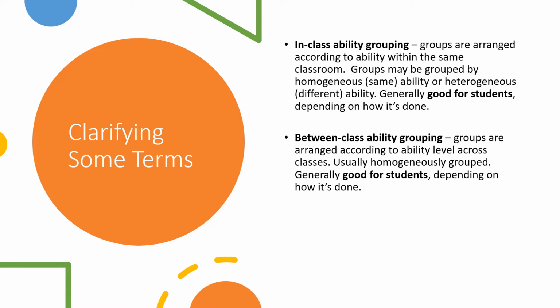For example, if a school administers a math test to fifth graders and then sends those students out to different classes based on their ability levels, that is between class ability grouping. This again is generally good for students depending on how it's done.